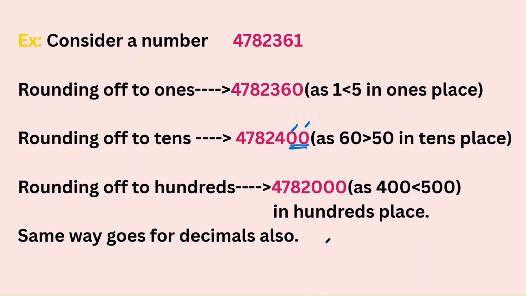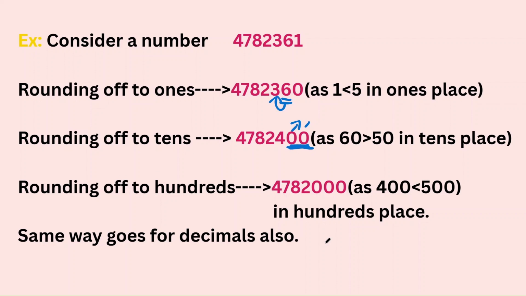When we are doing rounding off to the tens place, we have to make the last 2 digits 0, and we should check the tens place whether that is below 5 or above 5. This is above 5, so we have to add one to the next digit, that is in the hundreds place. So we added 1 with that, and we have made both 0.